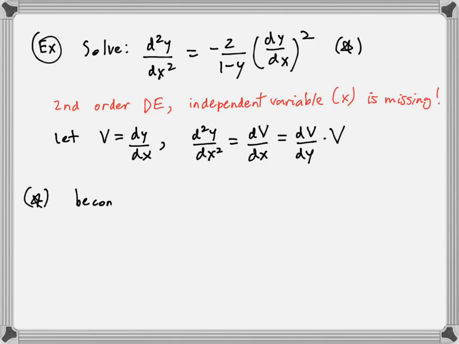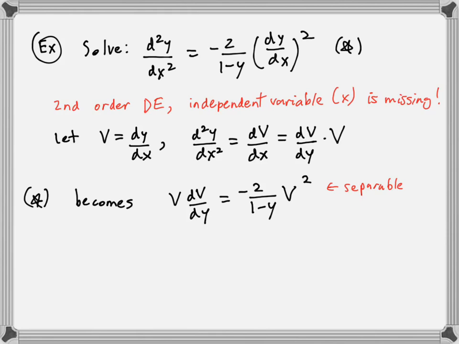Star becomes the following differential equation. We have v dv dy is equal to negative 2 over 1 minus y times v squared. What kind of differential equation is this? Okay, this looks separable to me, right? This is separable.